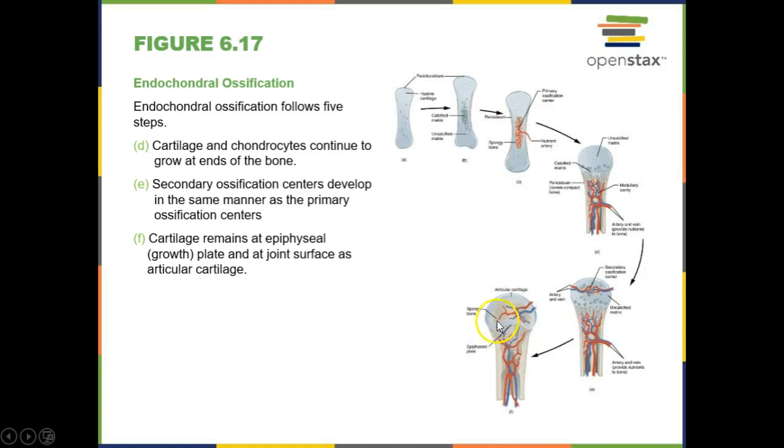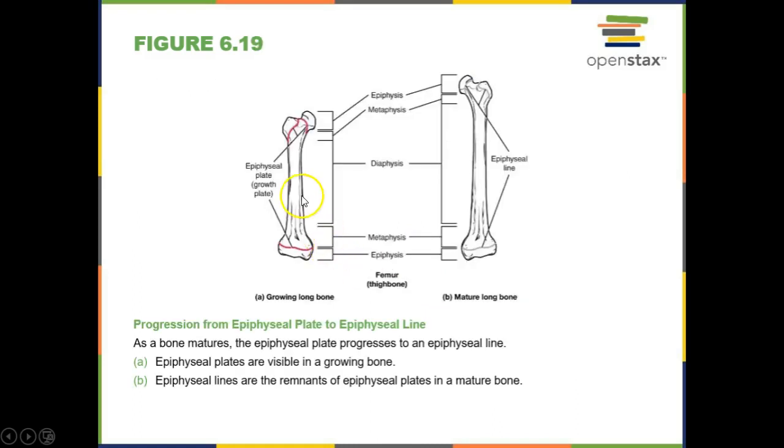In the middle, we have that metaphysis, which contains a thick layer of hyaline cartilage, known as the metaphyseal plate, or epiphyseal plate. The epiphyseal plate then is going to allow for growth in length until we hit adulthood.